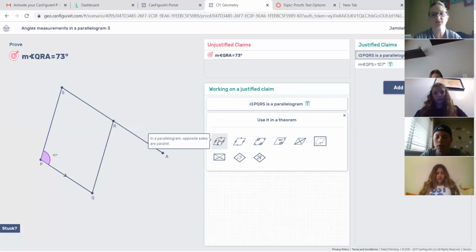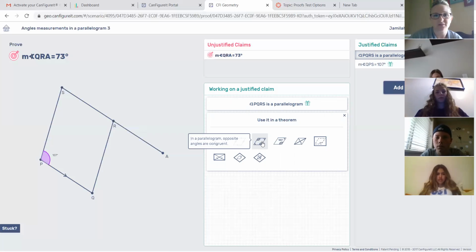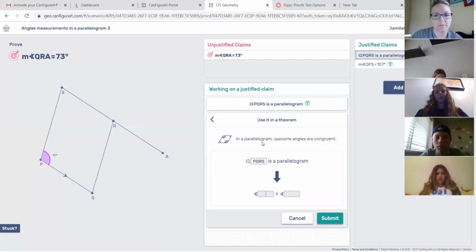Opposite sides are the same length? Also not helpful. Opposite angles are congruent? Does that help us? Yes, it does, so I'm going to click on it. And it automatically fills in that PQRS is a parallelogram.